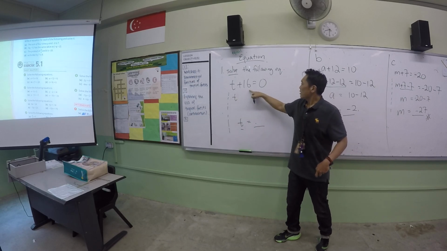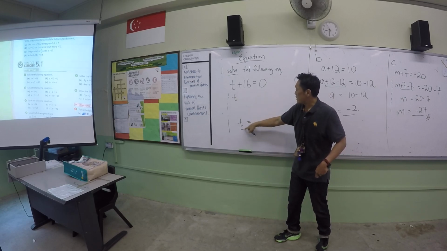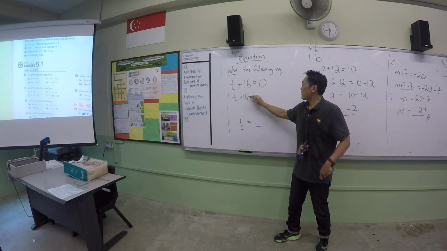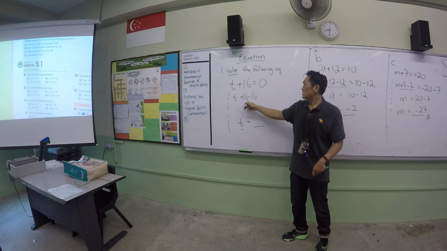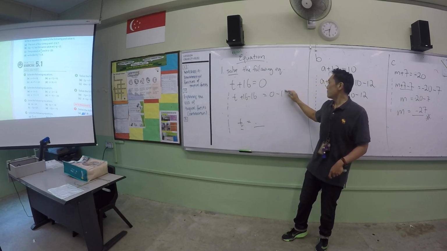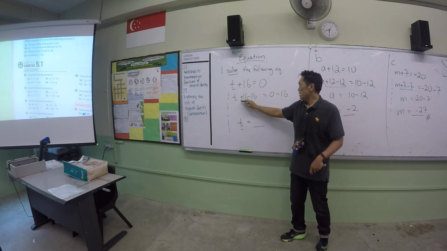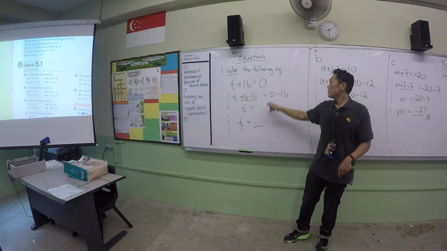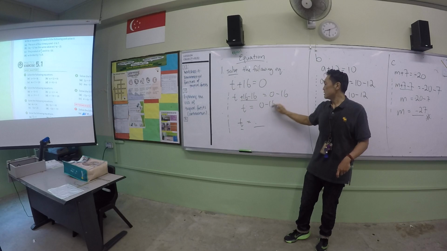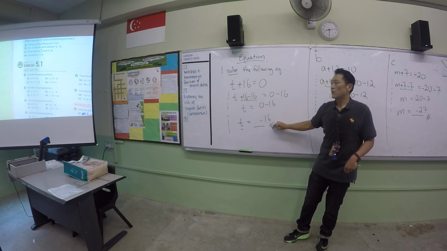So here got 16, but finally I don't want the 16. So I must get rid of the 16. And because I minus 16 on left, I must also minus 16 on the right. This will become 0, so I will be left with T. 0 minus 16, so negative 16 is the answer.